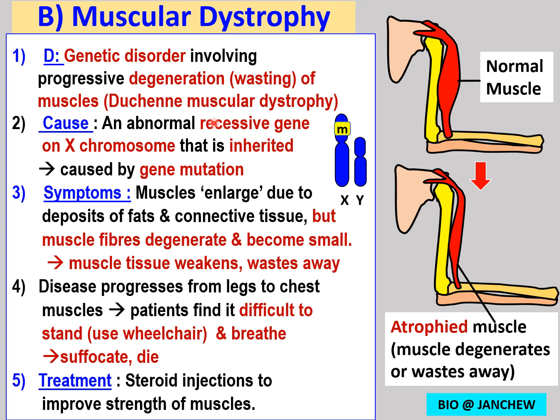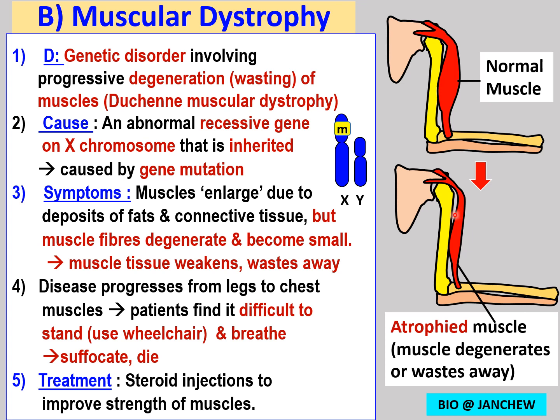Another thing is that it involves degeneration or wasting of muscles, as we can see in this diagram. So in the beginning, the child may have normal muscles that are healthy looking, but somewhere between 2 to 10 years, the muscle begins to degenerate, especially around 2 to 4 years, because the muscle will waste away.